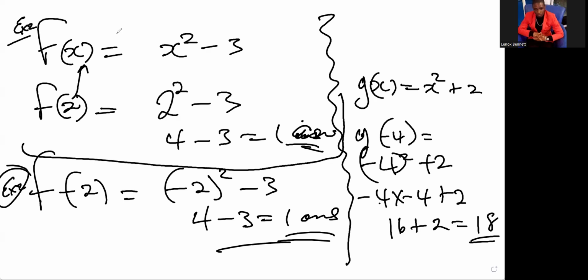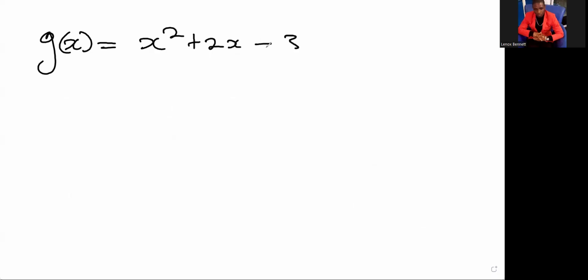Alright, let's go. We also have this type here. We call it quadratic. This is a little bit more challenging. Let's say you wanted to find g of minus 3, for example. Same procedure, right?